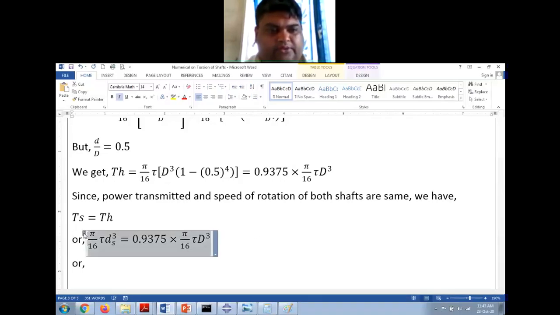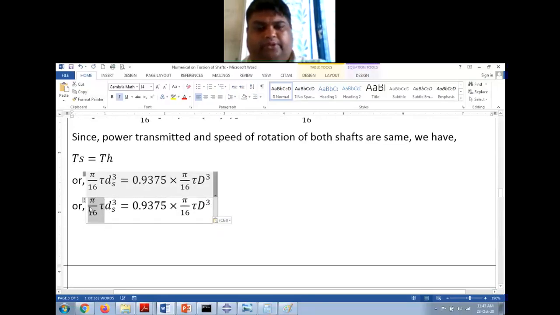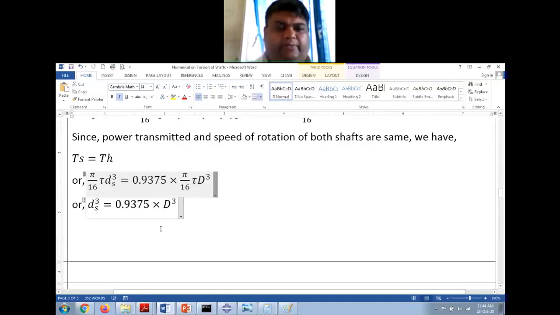Just copy this equation here, and I'm removing this pi by 16 tau and pi by 16 tau here. So ds cube is equal to 0.9375 D cube.